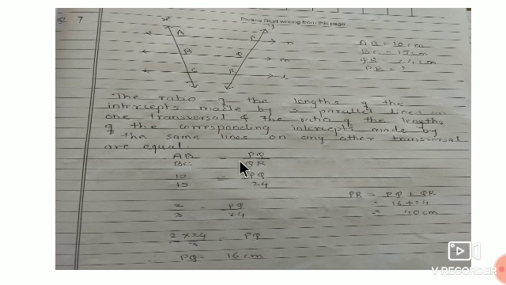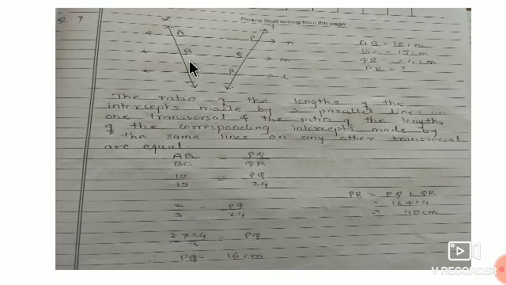This is the property of intercepts. There are two properties. If B is the midpoint, then AB is equal to BC is equal to PQ is equal to QR, means AB is equal to PQ and BC is equal to QR. And another property is that the ratios are equal, means AB upon BC is equal to PQ upon QR, if the midpoint is not given.